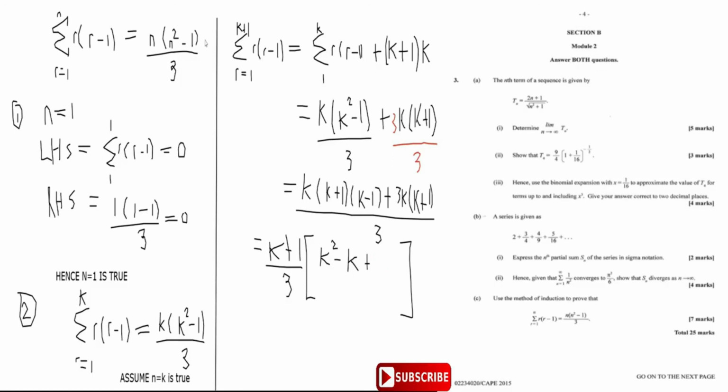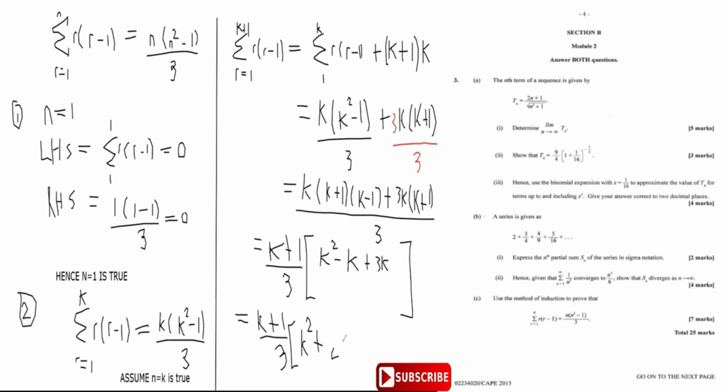Good. Let's go. So k squared minus k plus 3k. Now let's simplify this in that bracket. That can be simplified to k plus 1 over 3 in bracket. Now k squared minus k plus 3k can be left as k squared plus 2k.